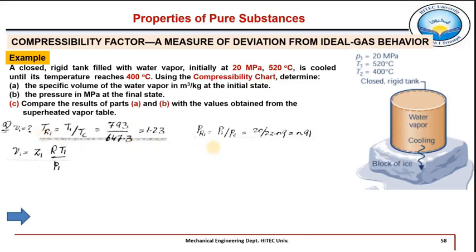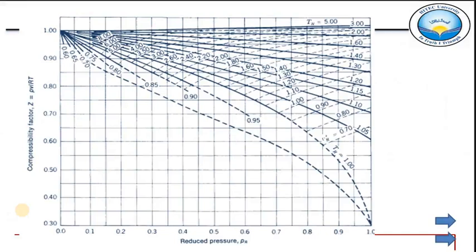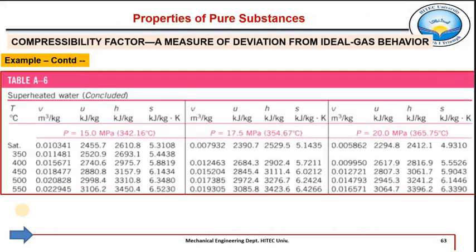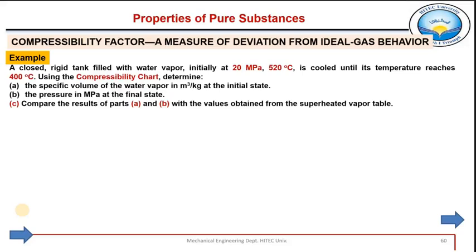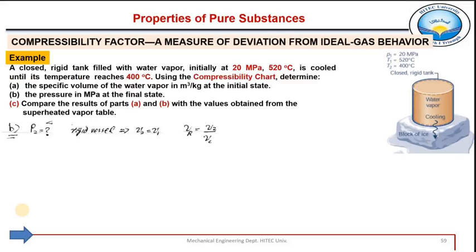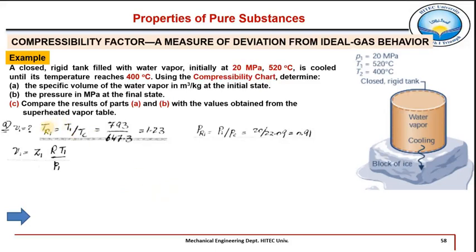Now, TR1 and PR1 are already calculated, so using this TR and PR, we can find Z from the compressibility chart. So let's go to the compressibility chart. Here is the compressibility chart. TR1 is 1.23 and PR1 is 0.91.